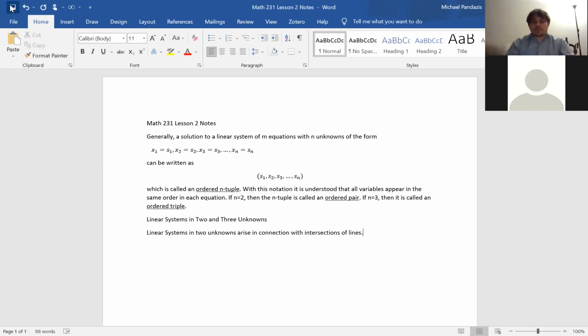Make sense? Okay, so you could either have 2 lines that intersect or 2 lines that don't, right? Let me put it another way. You have lines that look like this, where they intersect at a single point.